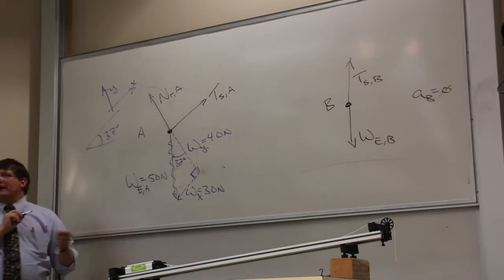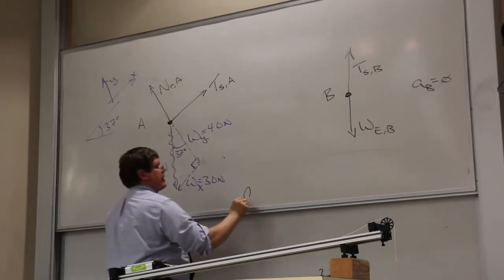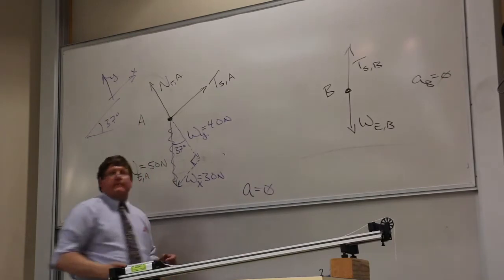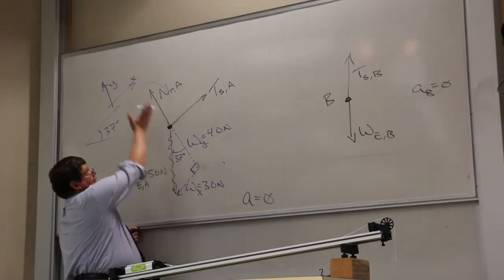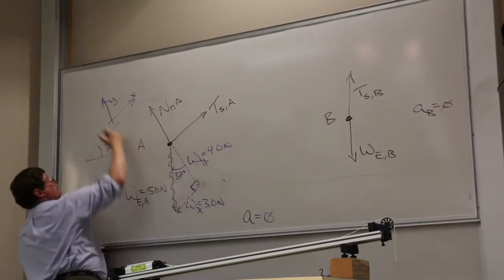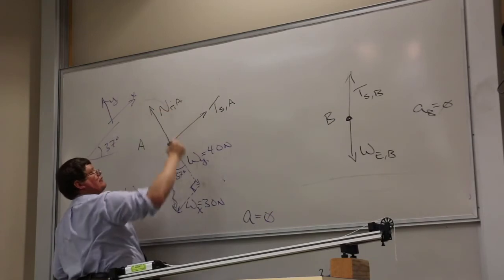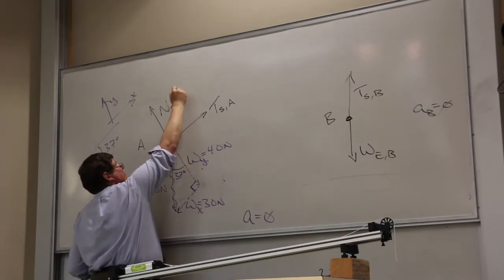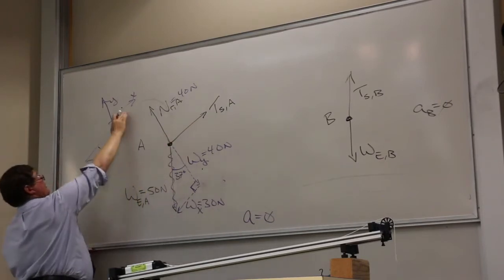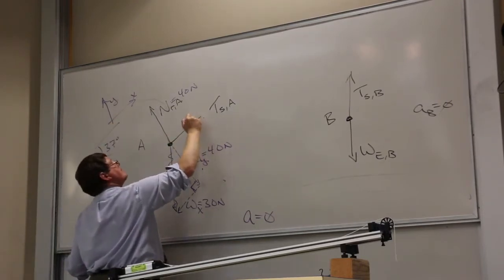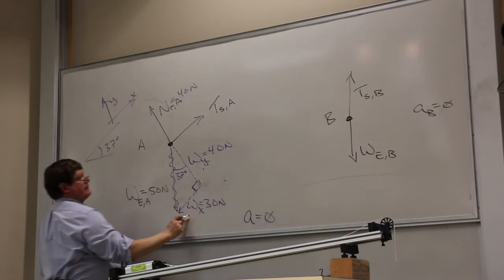If A is moving at 0 acceleration, constant velocity, this diagram has to be balanced in both the y and the x direction. In the y direction, what I'm calling y, this has to balance that. It has to be 40 newtons. In the x direction, this has to balance that.